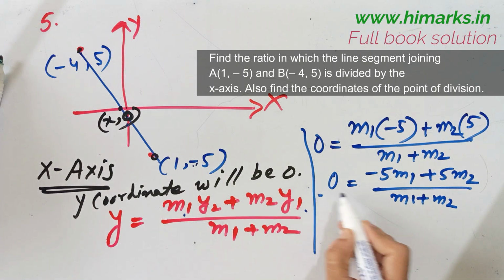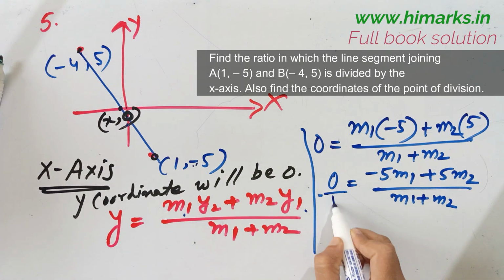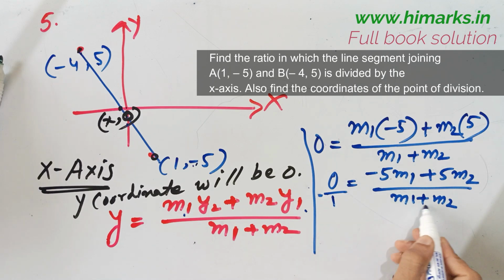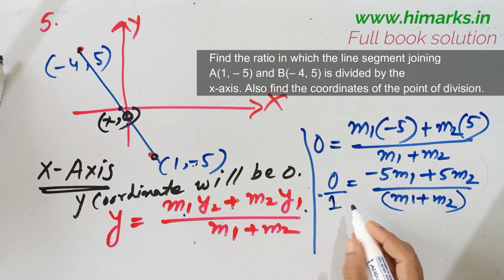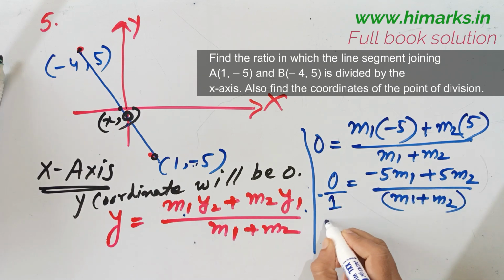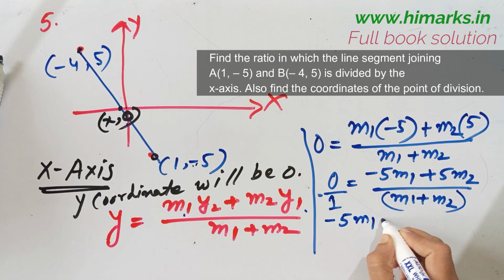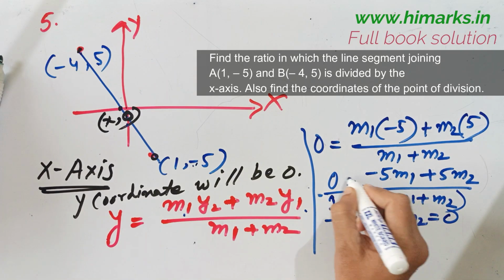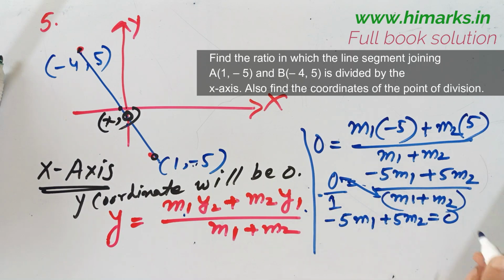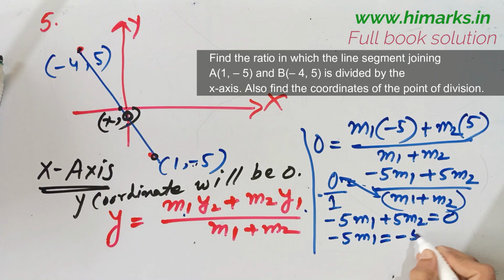Now do the cross multiplication. 0 is 0 by 1. If you multiply m1 plus m2 by 0, it will be 0. So let us multiply this one: minus 5 m1 plus 5 m2 is equal to 0. So from here let us put minus 5 m1, and this 5 m2 I'll take to the other side of the equal sign, so minus 5 m2.